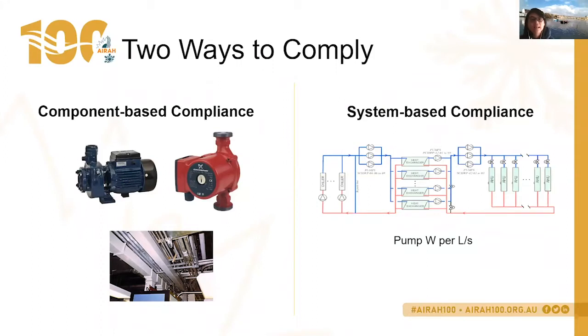As a reminder, this is quite different from the previous requirements that were purely based off a watts per square meter allowance for your pump power, which was then also matched to your cooling or heating load.